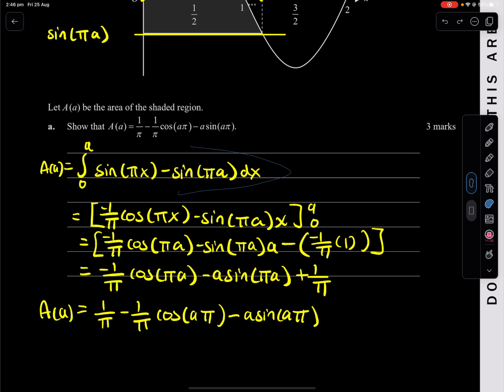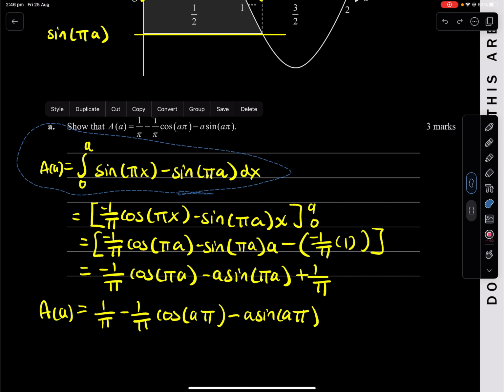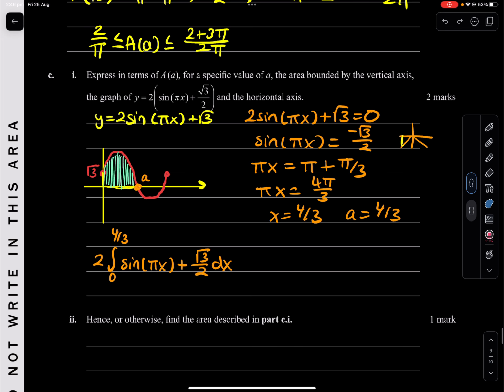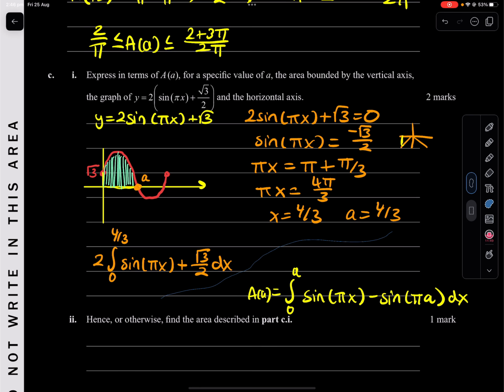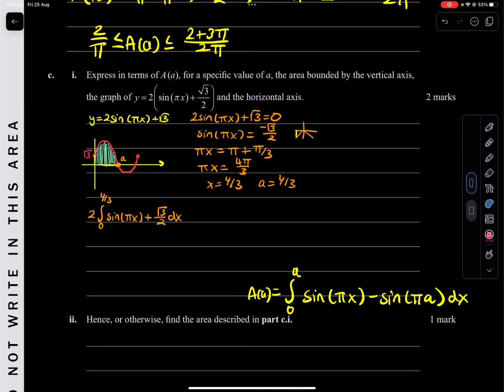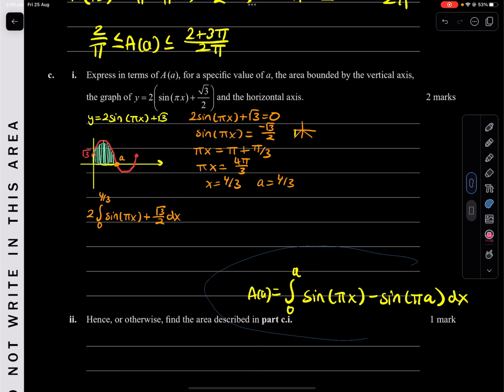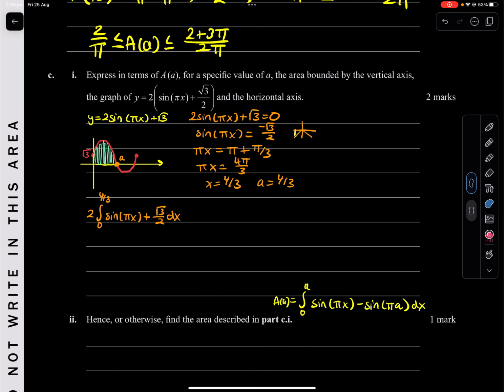Let me just copy this and bring it over here. I'm just going to make everything over here smaller and put it over here. So we have this equation over here that we're going to use as a reference for a on a.